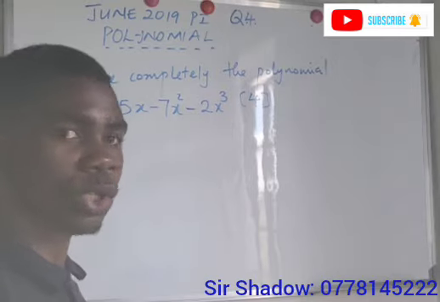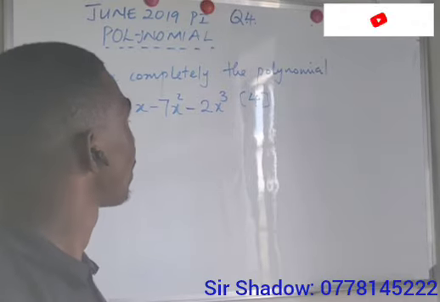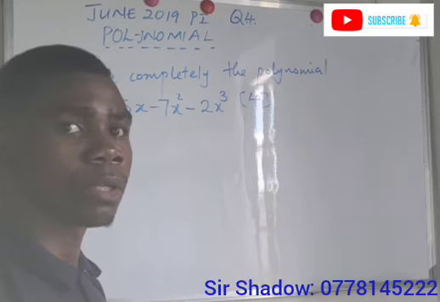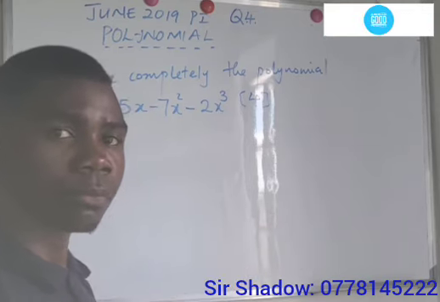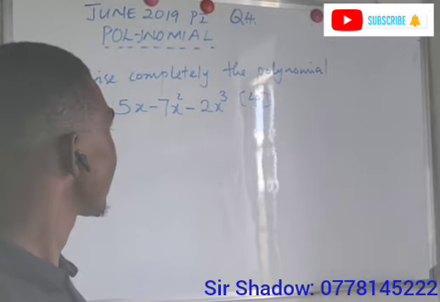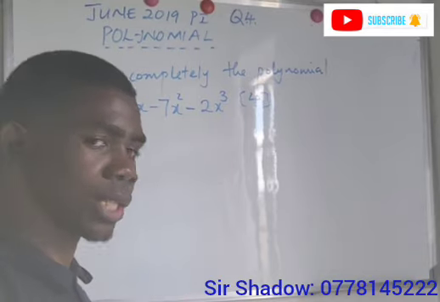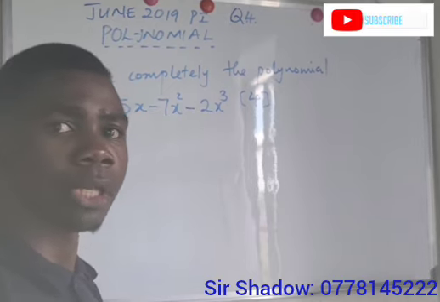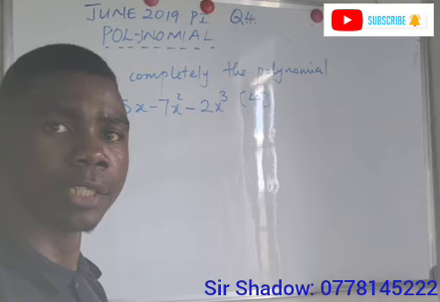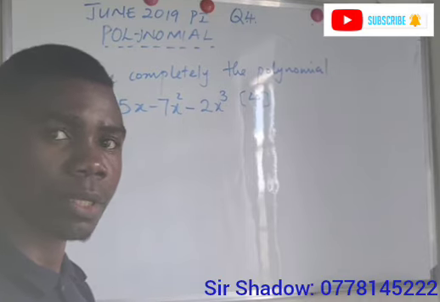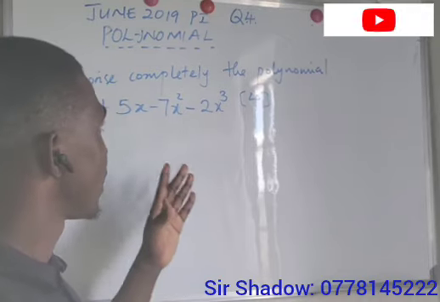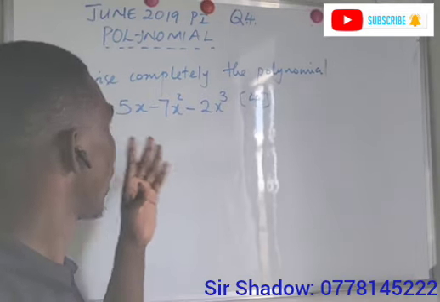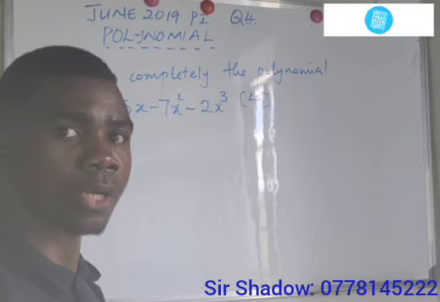So we are given this question from June 2019 paper 1, question 4 on polynomials. We are asked to factorize completely. Remember, polynomials are all about the remainder theorem and the factor theorem, but we have to think which one we should use so that we can factorize completely.